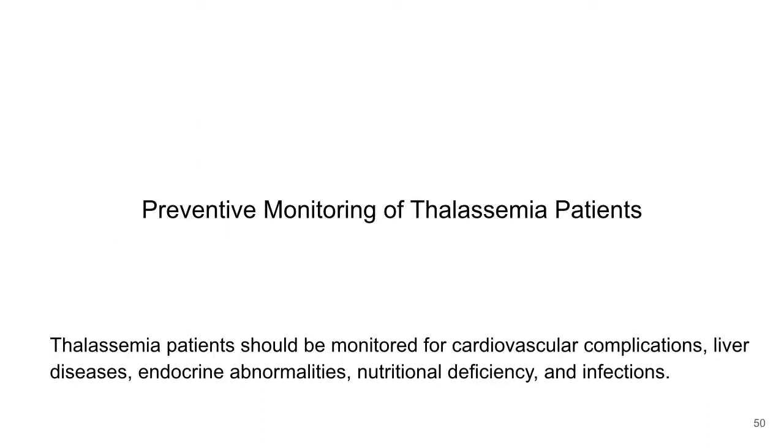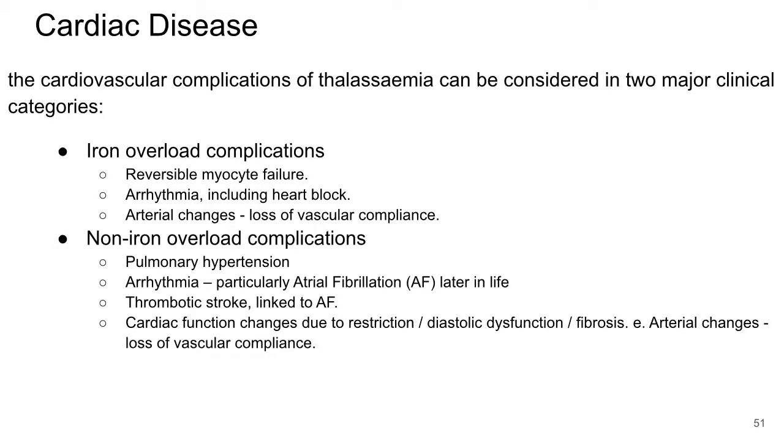Preventive monitoring of thalassemia patients. All thalassemia patients should be monitored for cardiovascular complications, liver diseases, endocrine abnormalities, nutritional deficiencies, and infections. The cardiovascular complications can be considered in 2 major clinical categories.